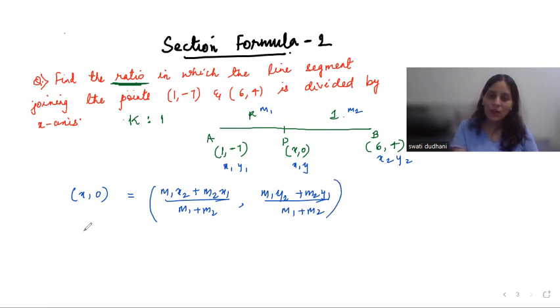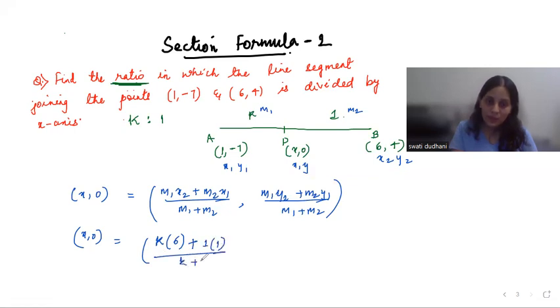Now x comma 0 is equal to m1, which is k, into 6 plus 1 into 1 by k plus 1, comma, again k into 4 plus 1 into minus 7 by k plus 1. Let us simplify.